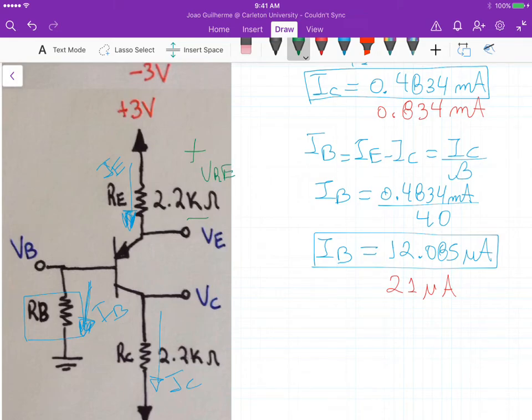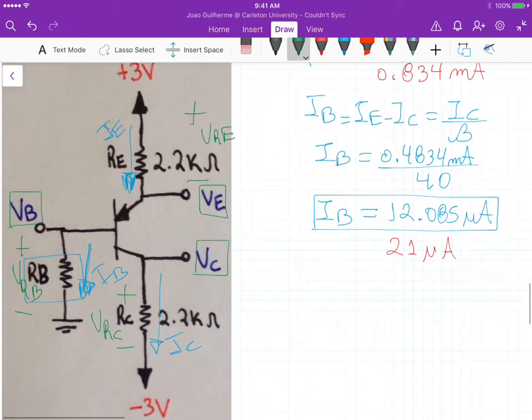So we can calculate VRE, VRB, and VRC. And with those voltages, we find VB, VE, and VC by just applying Ohm's law, right? So it's very simple.